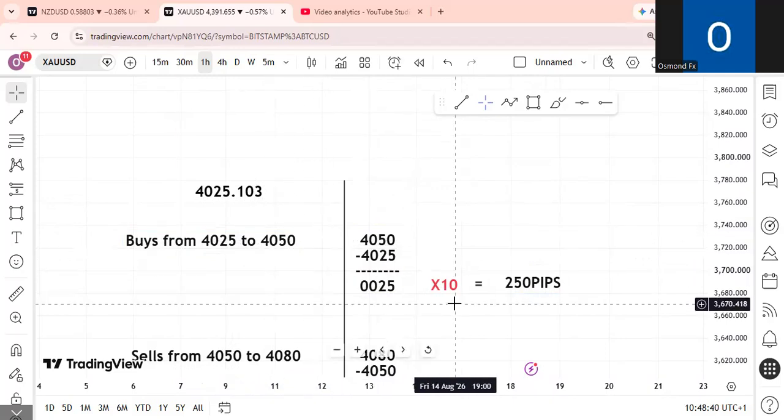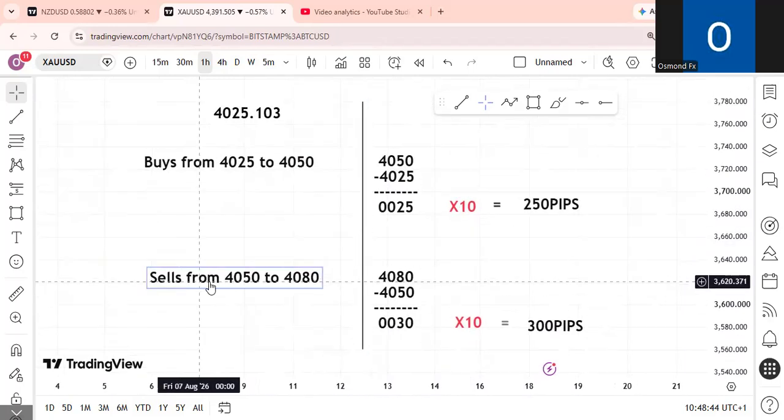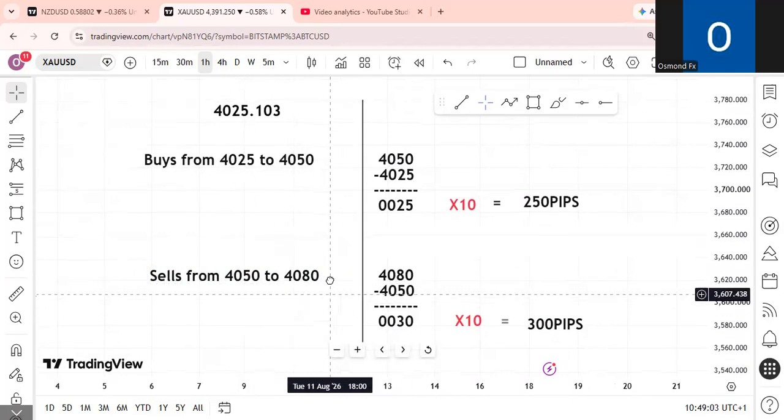Now, if gold sells from 4,050 to 4,080, then all you have to do is subtract the smaller number from the bigger number, the same thing, obviously.